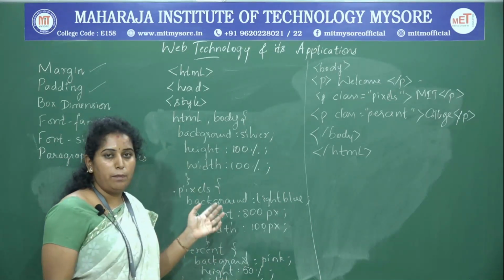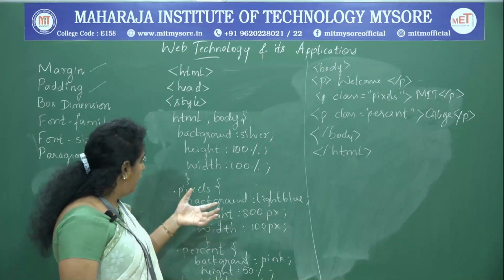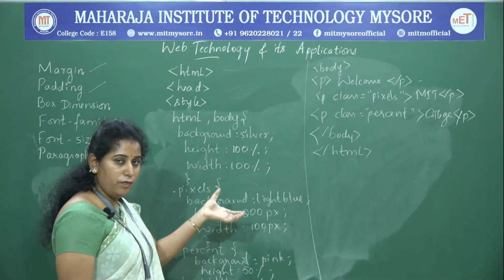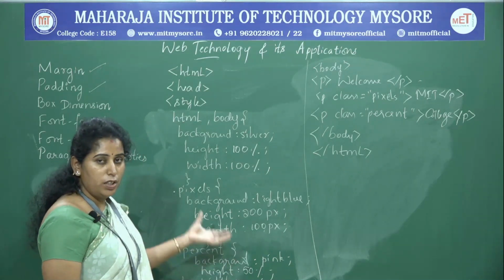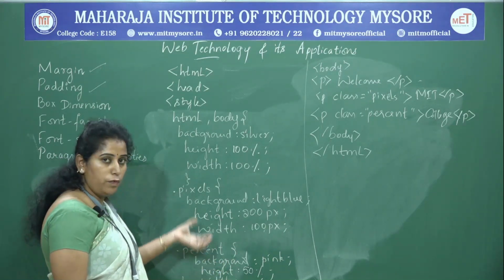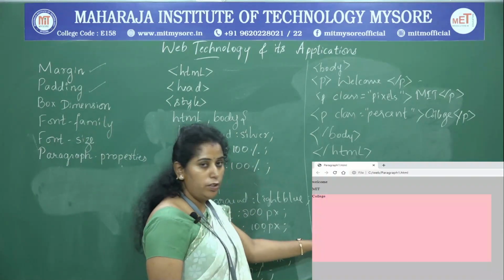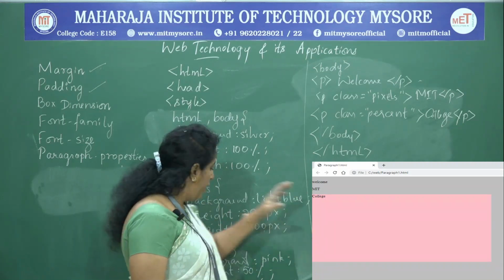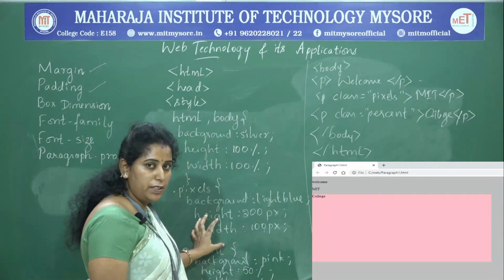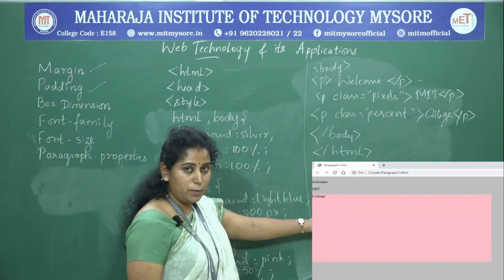So, this program clearly instructs you how the pixel varies and how percentage varies in terms of height and width. So, finally, let me run this program. You can look into the output, how it is going to vary. If I give the values of height and width in pixels, you can see the text area MIT, how it has been displayed.